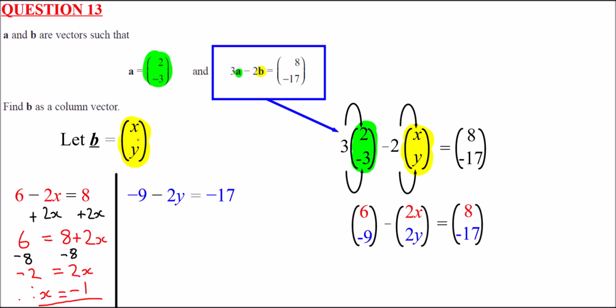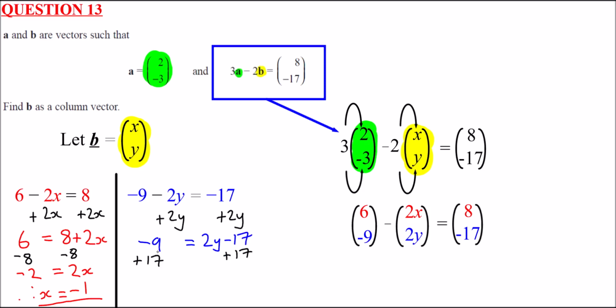In the same way, doing the bottom, for y, I can add 2y to both sides. On the left I'll just be left with minus 9. On the right, I'll now have 2y minus 17. I can next undo the subtracting 17 by adding 17 onto both sides.